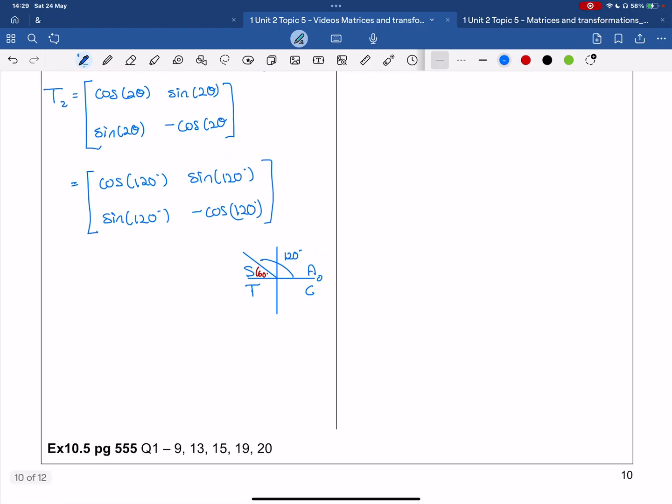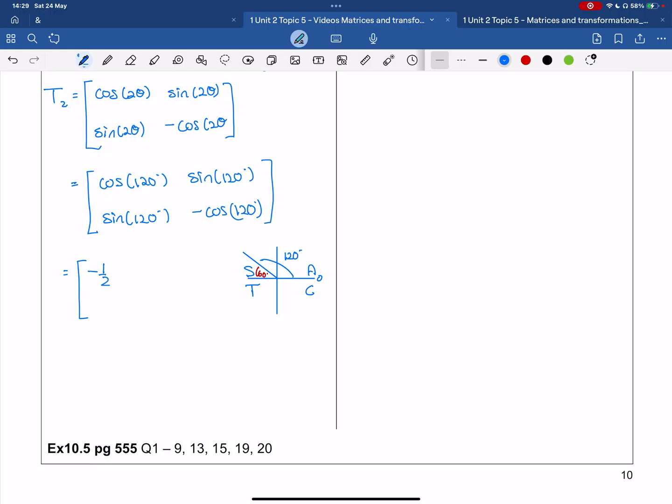So cos is negative in quadrant 2, and cos 120 is the same as negative cos 60, so that becomes negative a half.